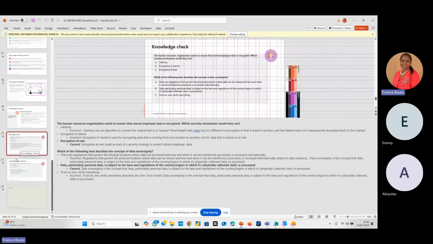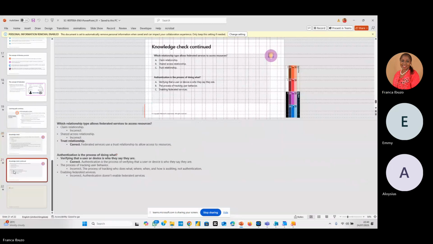Remember here, it was specific. You were right initially, but here it specifically says laws and regulations of the country. So it's B, that's the correct answer here.